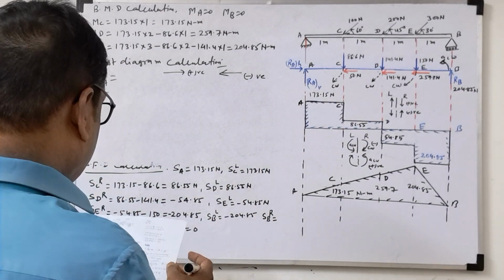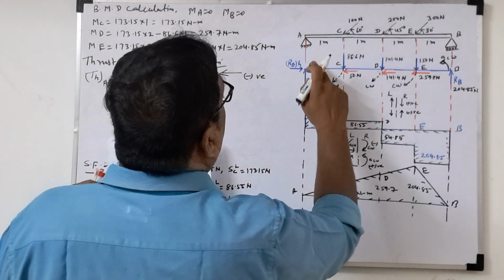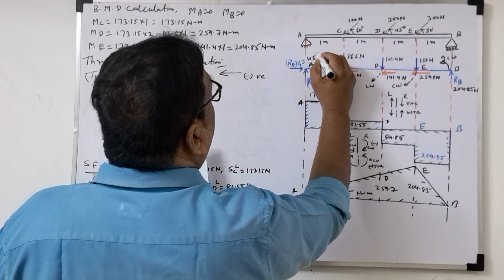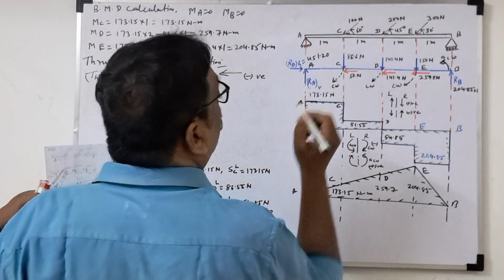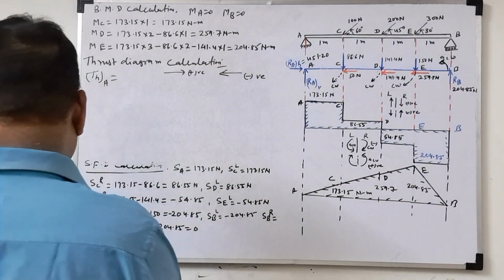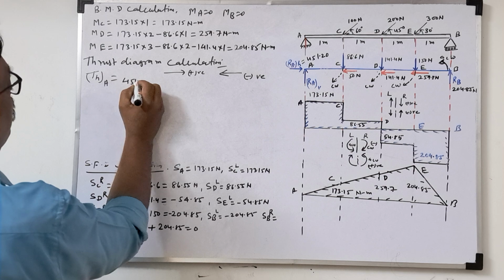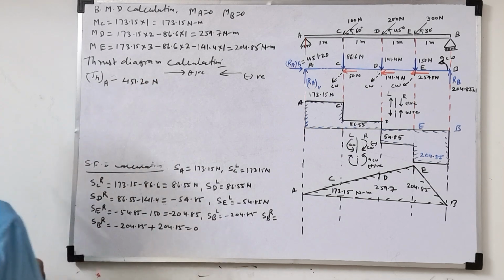RAH, how much did we get? RAH we got 451.20 Newton. So thrust force will be 451.20 Newton.